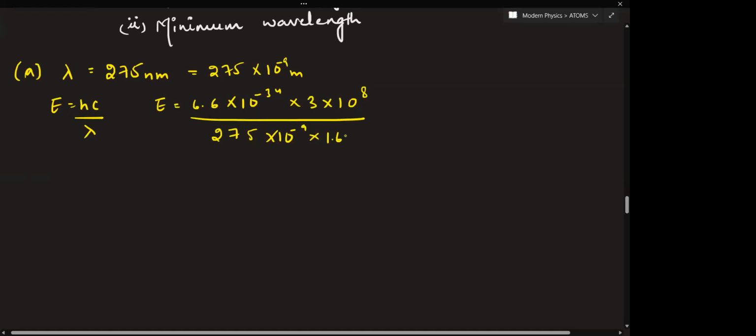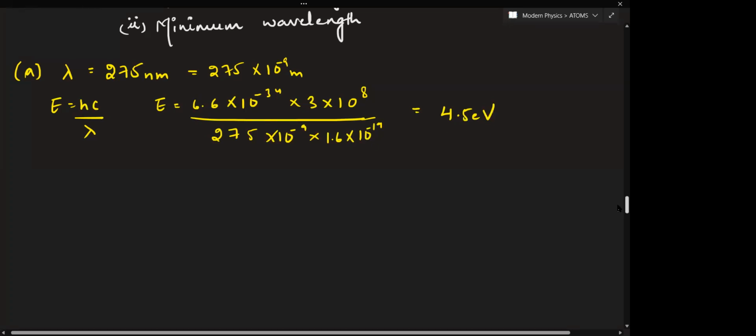So this will be divided by 1.6 into 10 to the power minus 19, this much electron volt. When we calculate it, this will come out to be approximately 4.5 electron volt. You can calculate it later on after the class. This will come out to be 4.5 electron volt.